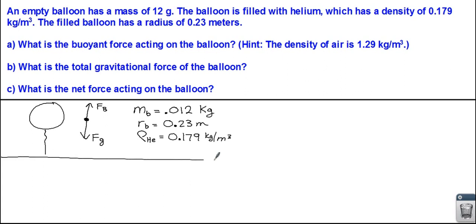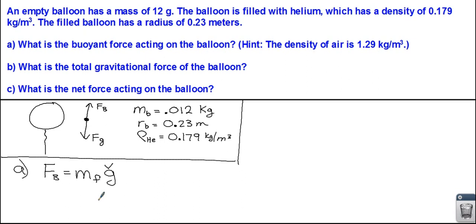Well, part A. What is the buoyant force acting on the balloon? The buoyant force is equal to the mass of the displaced fluid times the gravitational field constant. Gravitational field constant, simple, 9.81 newtons per kilogram.